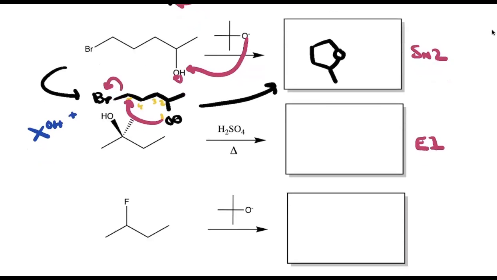Remember, you would form that good leaving group just by protonating with your sulfuric acid. That leaves on its own because sulfuric acid's conjugate base is a very weak base. Then you would just eliminate here.